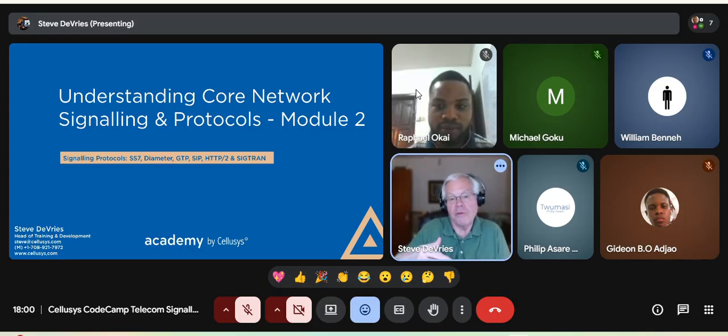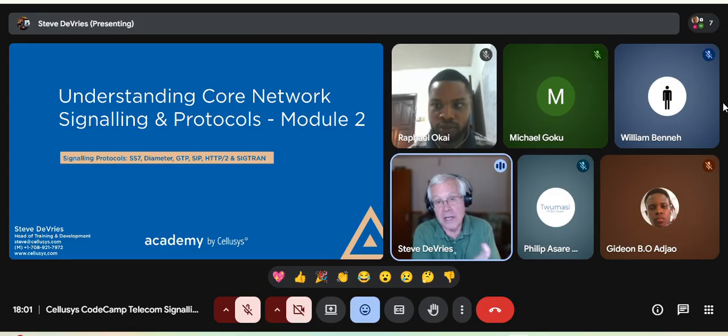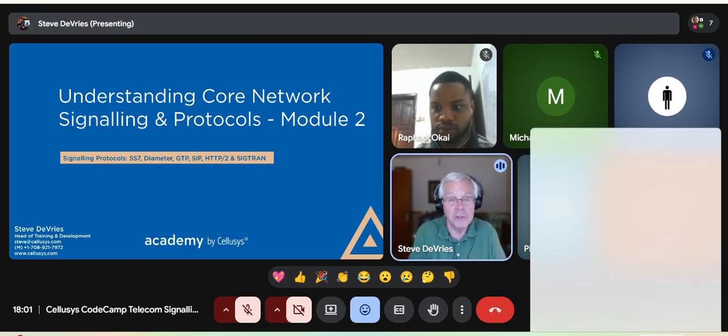It's also used for circuit type of services. For example, short message service is delivered for the most part with SS7. It's also used for setting up circuit switch voice paths, for example when you use your mobile phone to call someone on a wireline network, there's that setting up of the voice path. SS7 does that.